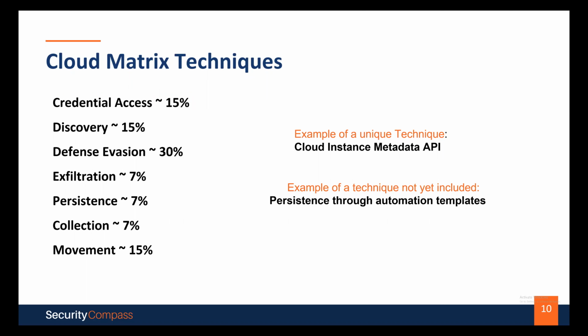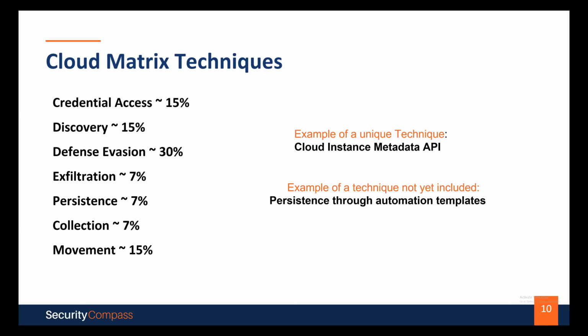That may be traditional VMs, that might be Lambda functions or functions as a service, and those are tied around capabilities and what they deem the Cloud Instance Metadata Service API, which allows you to make calls to the management layer of your cloud environment.